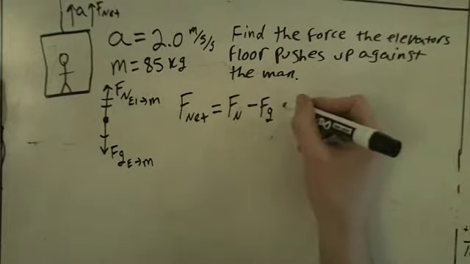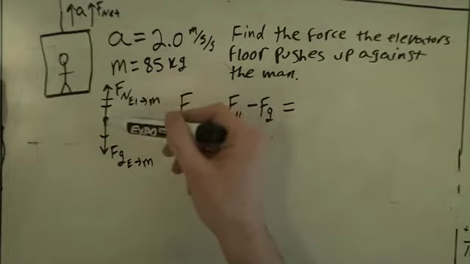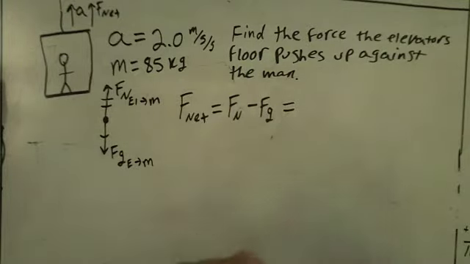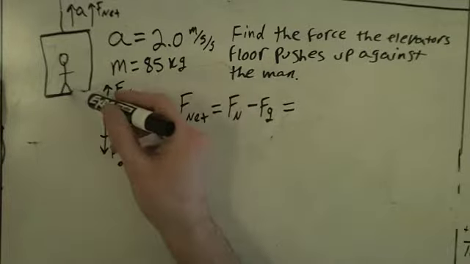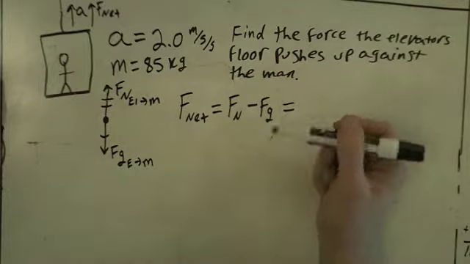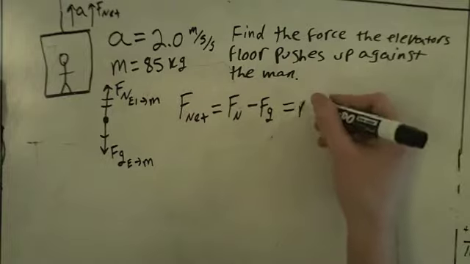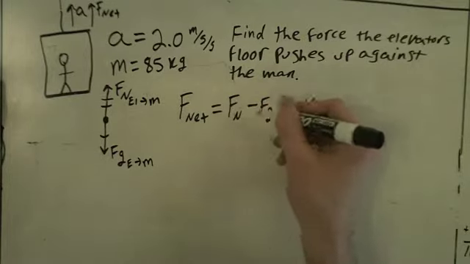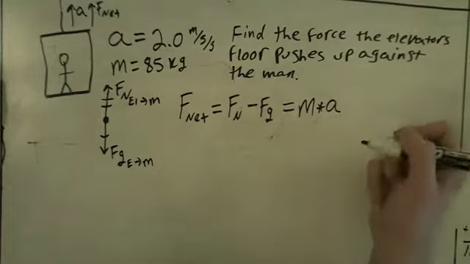Now, ordinarily, we've been looking so far at situations where it's either moving at a constant speed or is at rest, and we would say that equals 0. But now, since we're looking at a situation where the force of the floor on the man is greater than the force of gravity, we now say, well, since these are not balanced, that these two together must equal the mass of the object accelerating times the rate of the acceleration.